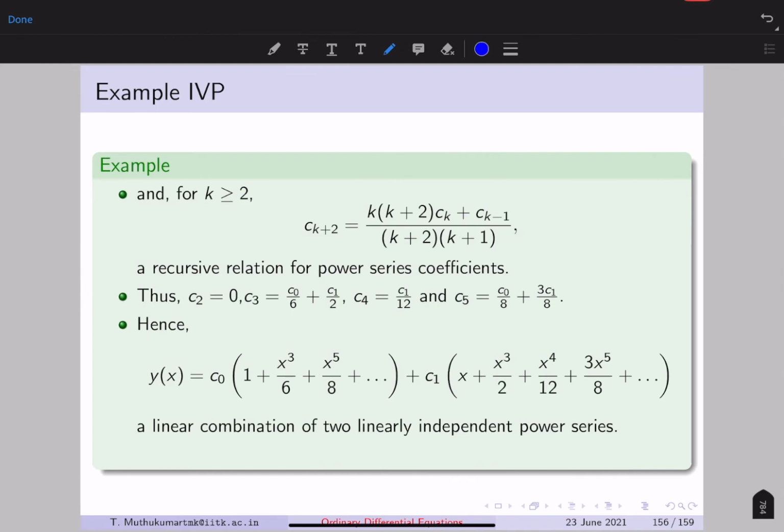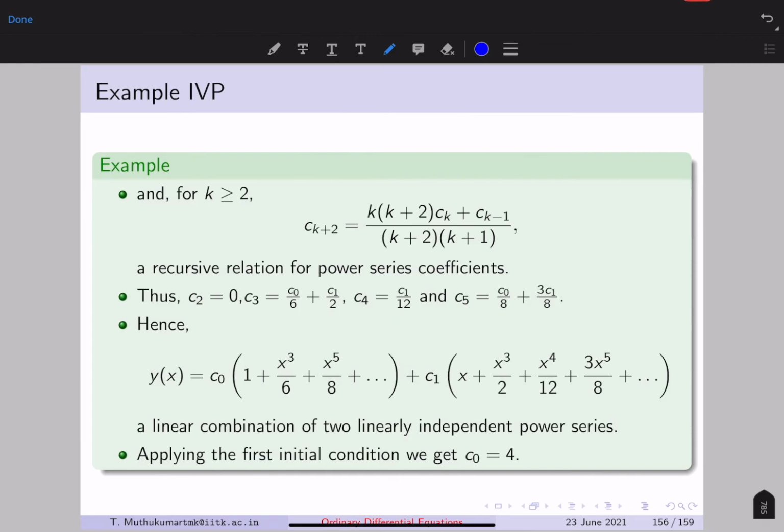So finally you will get some class of functions which depends only on c0 and c1. If you segregate c0 and c1, you are going to get y as a solution, as a linear combination of two linearly independent power series. And they are linearly independent because you cannot obtain one from the other just by multiplying a constant or something.